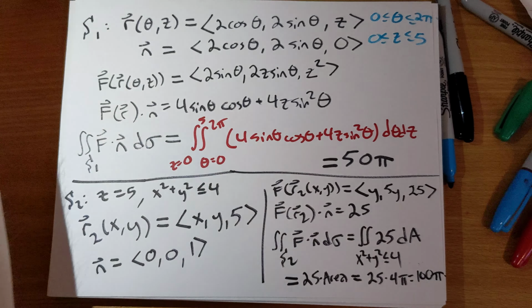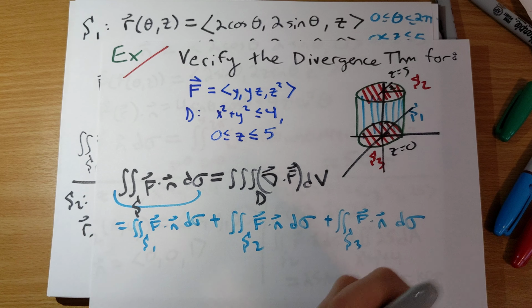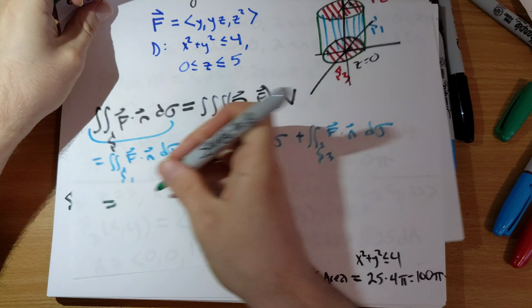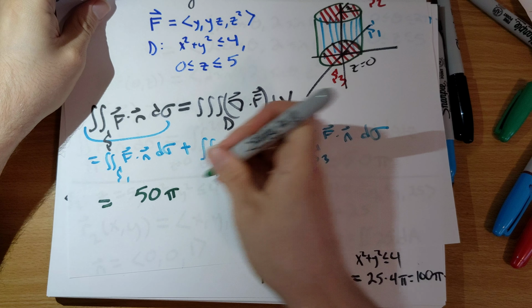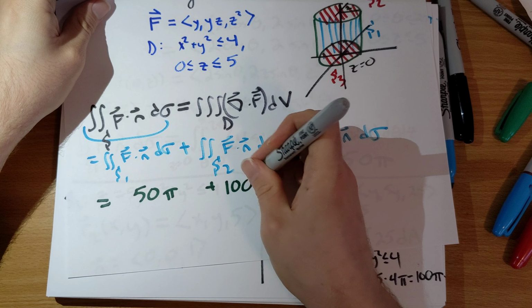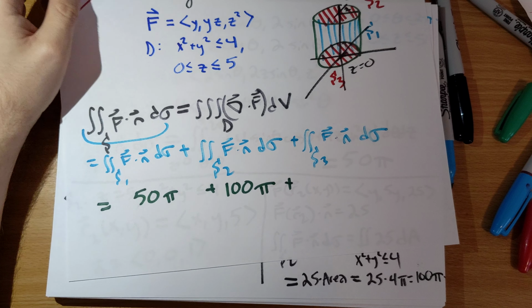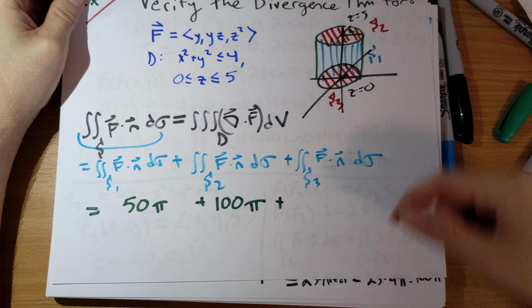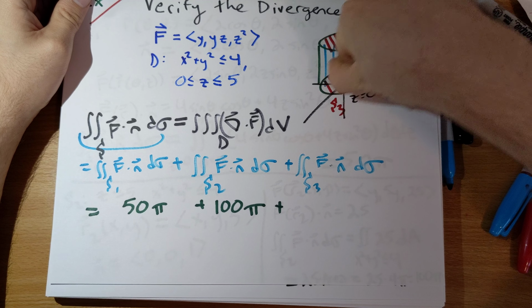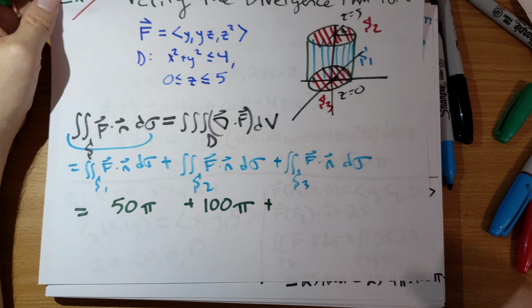Okay, so we've got, let's do our scorekeeping again here. This is 50 pi plus 100 pi. Now we need to do one more calculation for the left side of the divergence theorem. We need to integrate over this region right here, the bottom of our soup can. And so, what do we have?